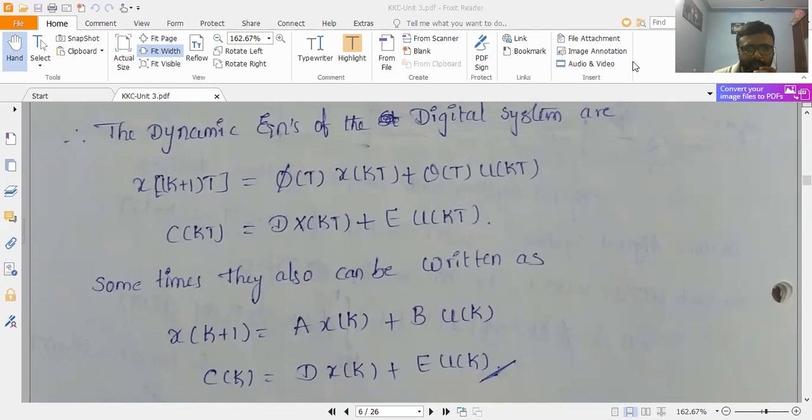So, in the previous class, we discussed the solution for state equations in discrete form.